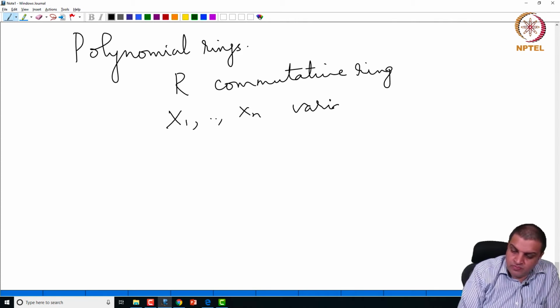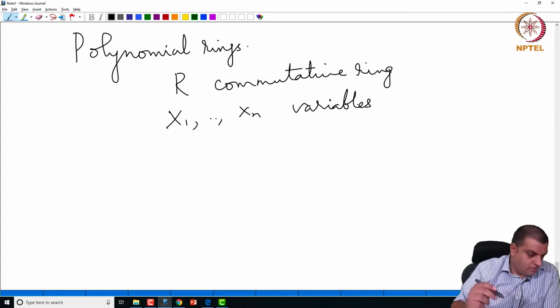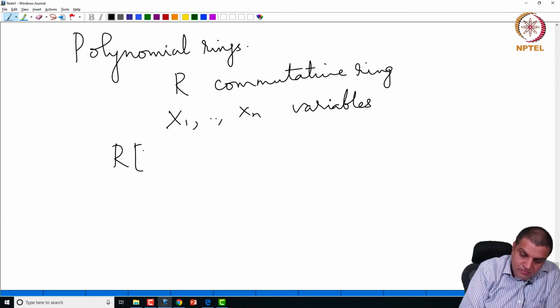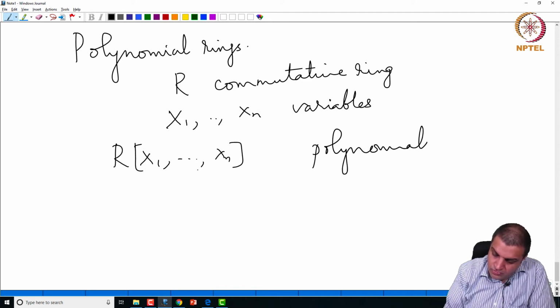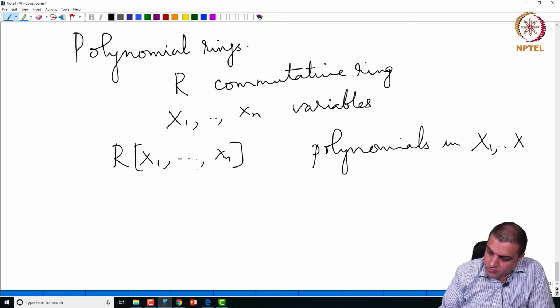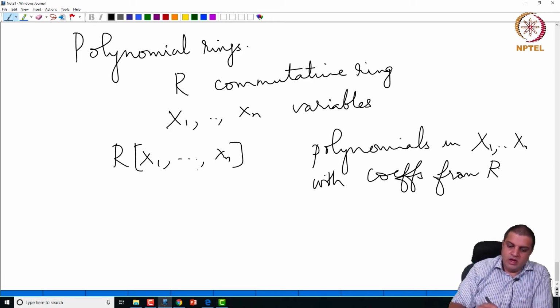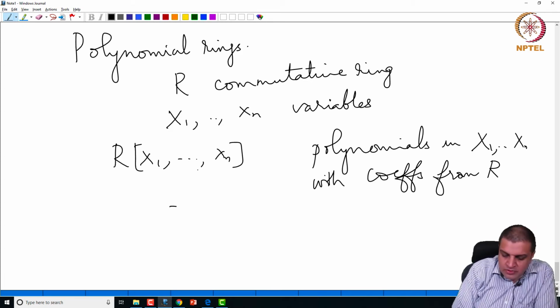By R[x1,...,xn] we mean the set of polynomials in the variables x1 through xn with coefficients from R, and this is a commutative ring with the usual polynomial addition and multiplication.